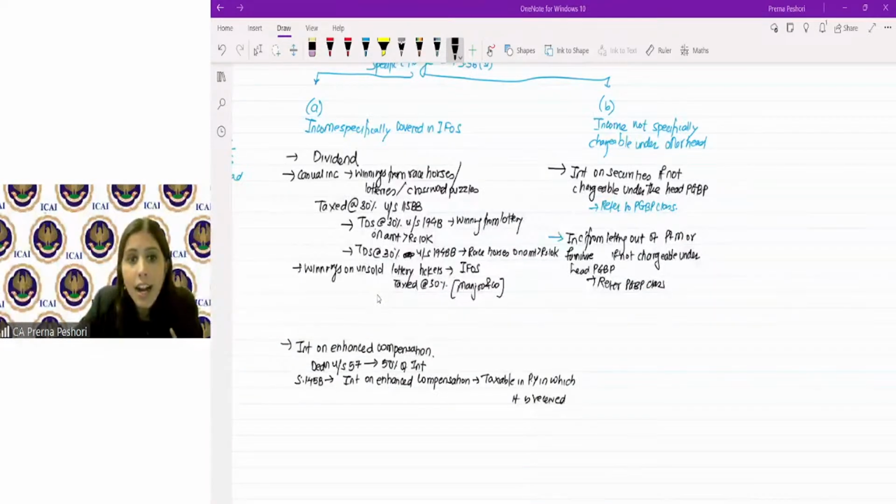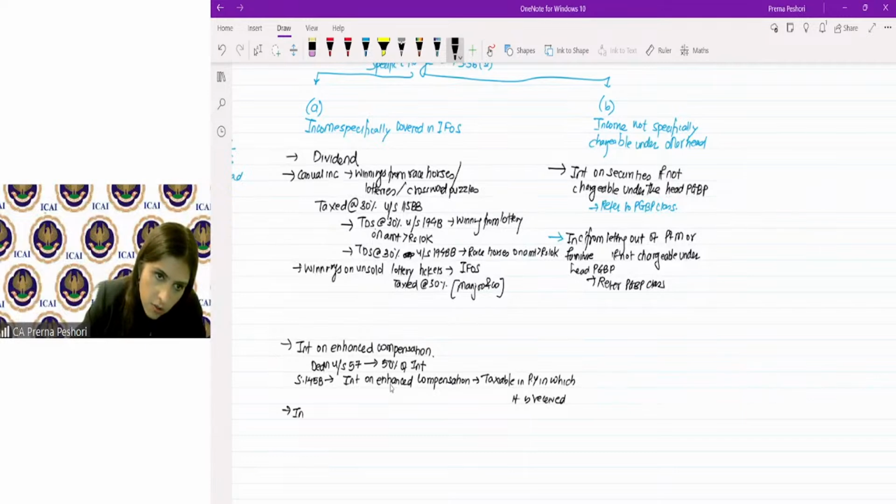So as I said here, the ICDS also becomes applicable. So interest on refund of tax, again, that is taxable in the previous year in which the interest is received. So you can write down: interest on income tax refund taxable in previous year in which interest is received.